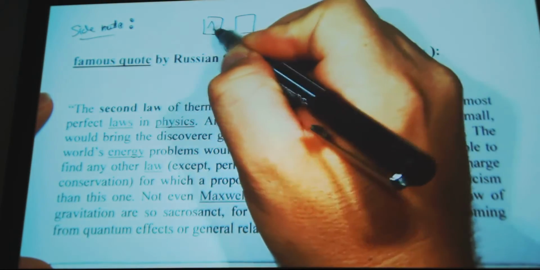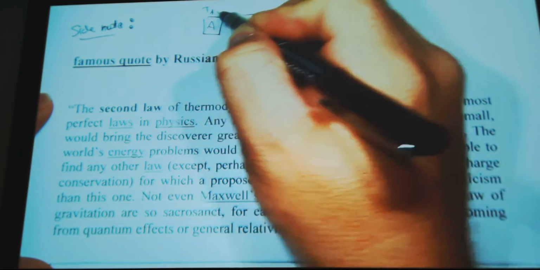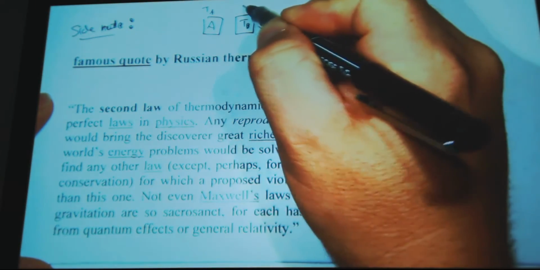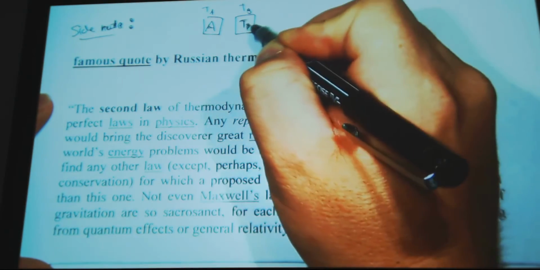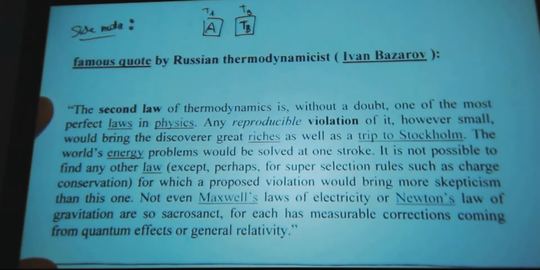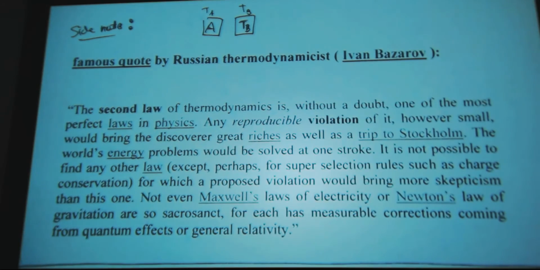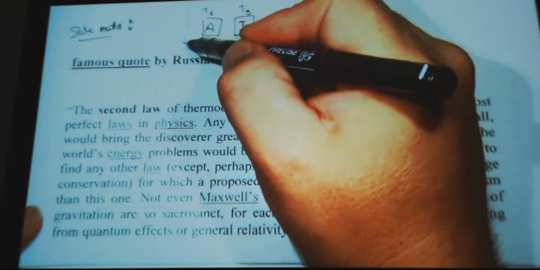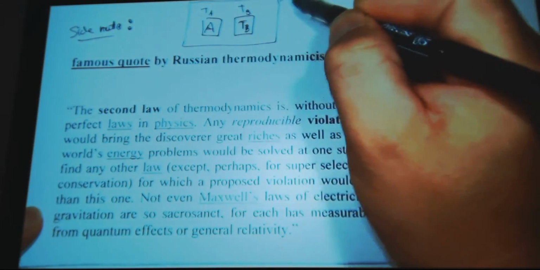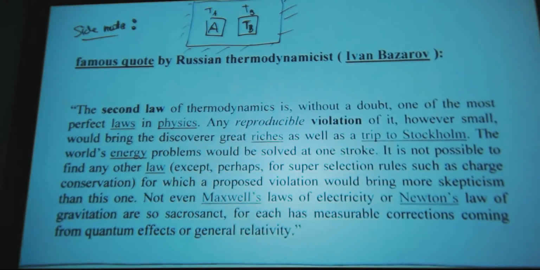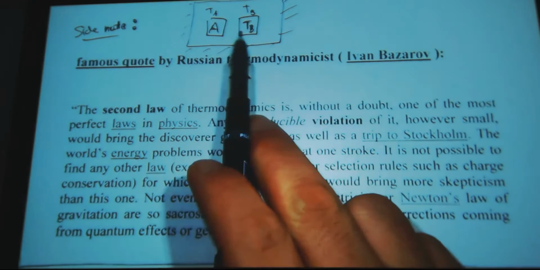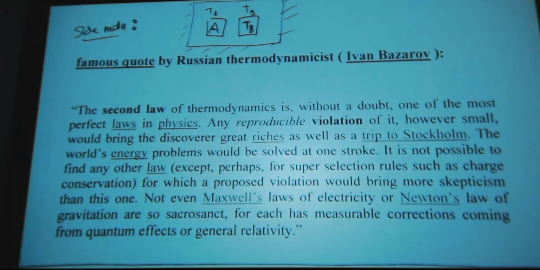I have block A at temperature A, and I have block B at temperature B. Now these are perfect homogeneous pieces of copper with no defects, and they are in a box isolated from the surroundings. And what happens is they spontaneously form a contact with each other.